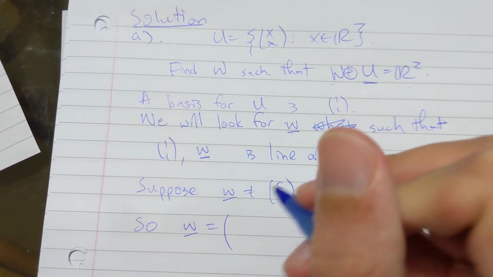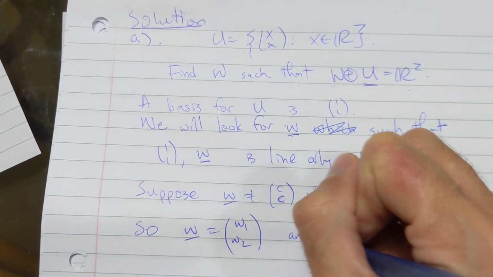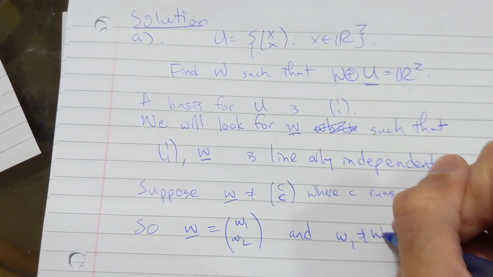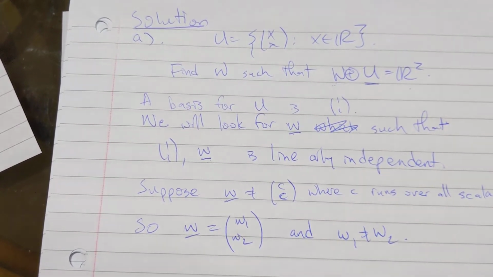So w is (w1, w2), and w1 is not equal to w2.